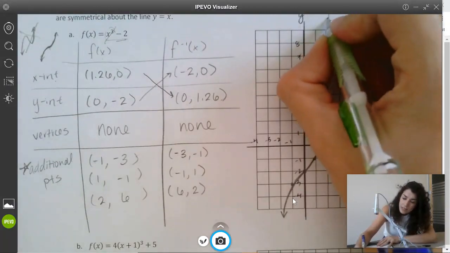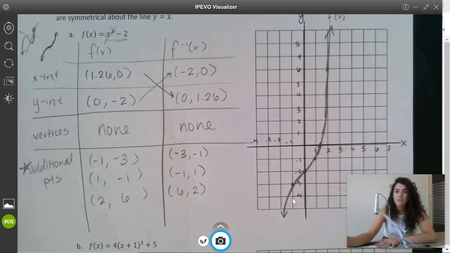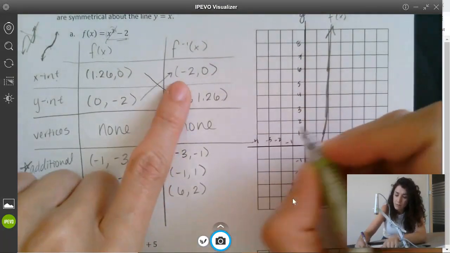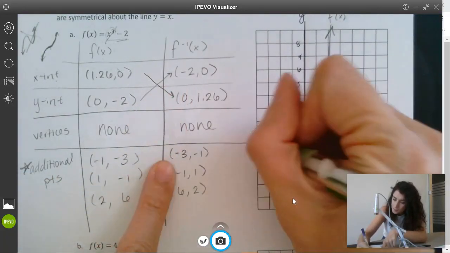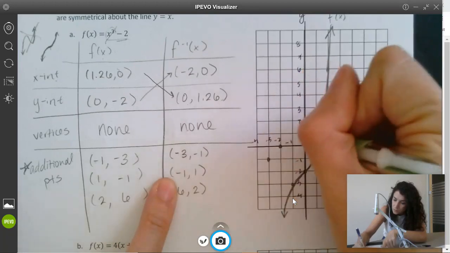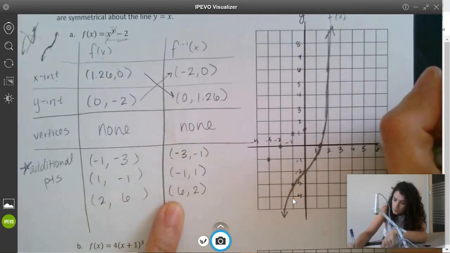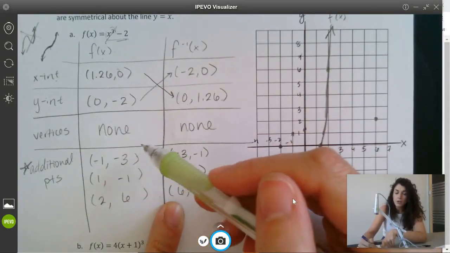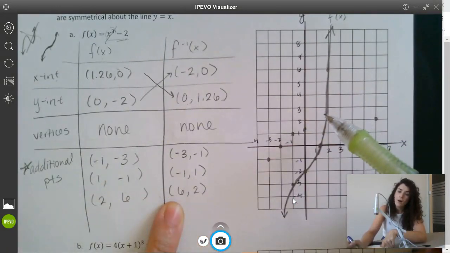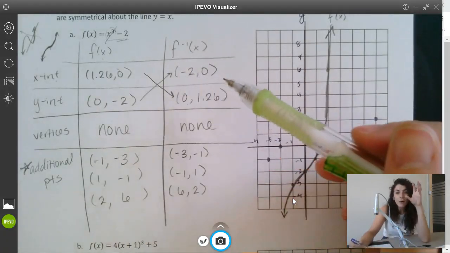I'm going to label it f of x because I'm going to go in now and find my inverse. And my inverse would have the points here. By doing these point flips on your own before graphing it on the graph paper, it will help keep things straight.